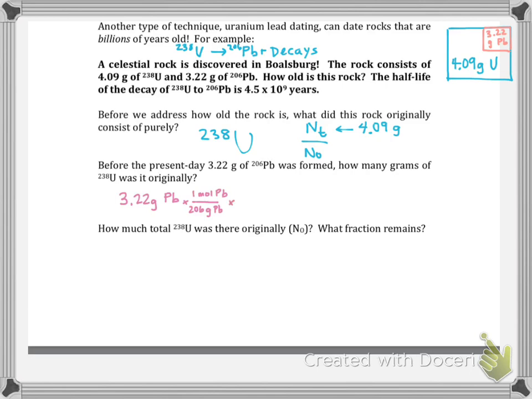And then from that little reaction that I wrote up there, I know that for every mole of lead that I have now, it was once a mole of uranium.